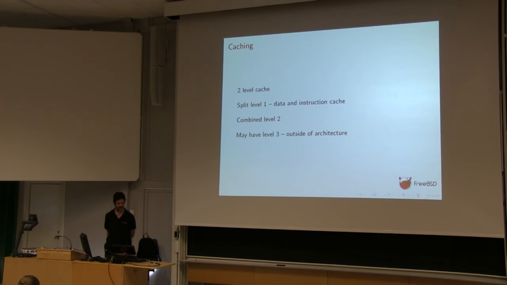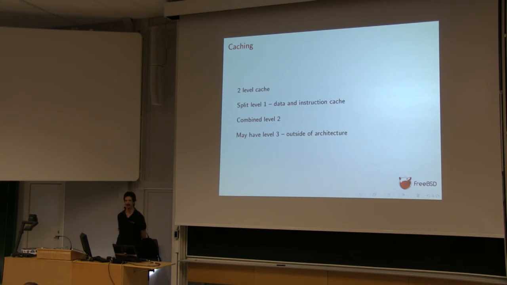And caching. There are two levels of cache, and at level 1 the data and instruction caches are split. Data is obviously read and write access; instruction is execution, so it's only ever going to be read. At level 2, it's combined data and instruction.